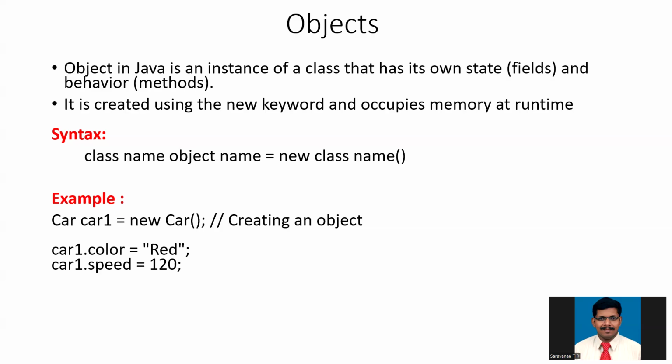And now we are going to create an object. This is the way in which an object is created: class name, object name, new class name. Here new is used for allocating memory for the object which is created. These objects are runtime entities alone. What is the meaning of runtime entities?